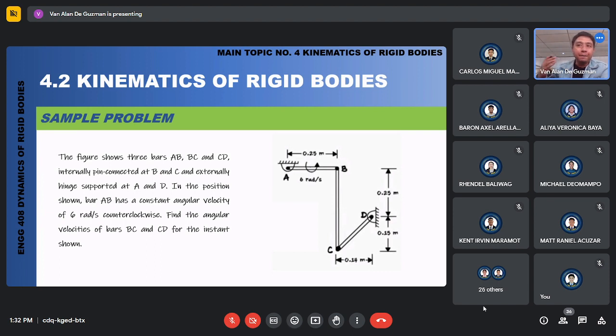Try to follow along, ha? Paano po yung motion, ilan yung motion natin dito? You can type your answers dito sa chat box. Please, pakitype po. I need to know if naiintindihan nyo mag-visualize nitong ating figure. Ilan po yung ating components and ilan yung motion na meron tayo?